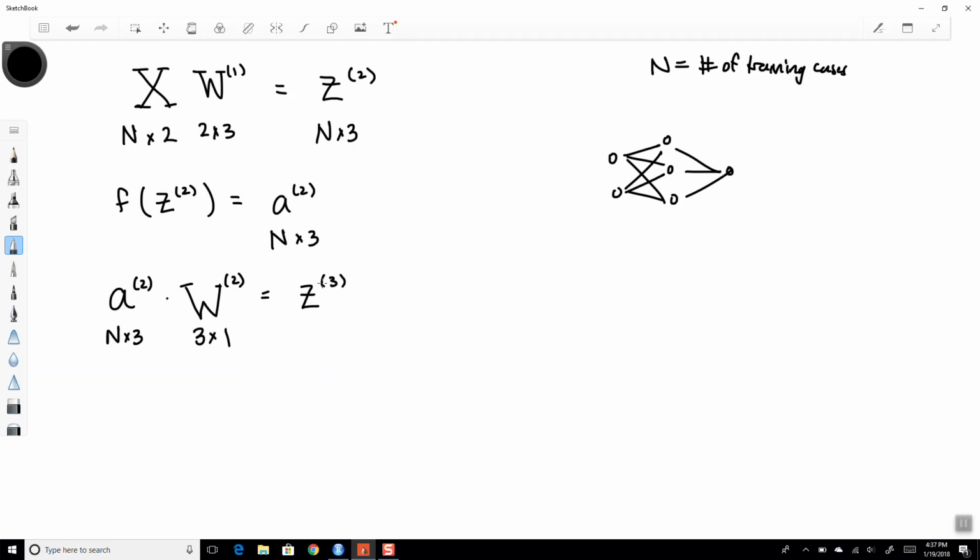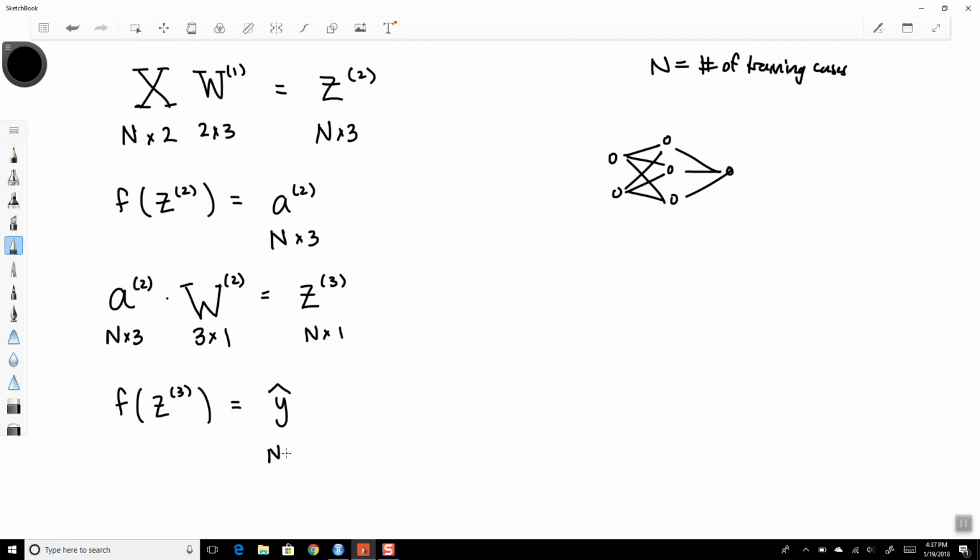And then this will produce our third matrix, a matrix Z3 here, and this will be n by 1. Now we have one value for every input row. Okay? And then finally we apply a function to Z3, and technically this could be A3, but we will just call it Y hat.